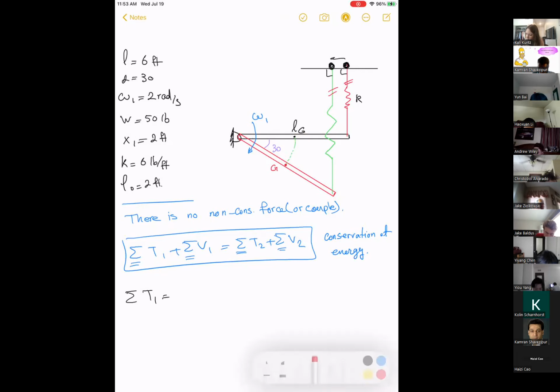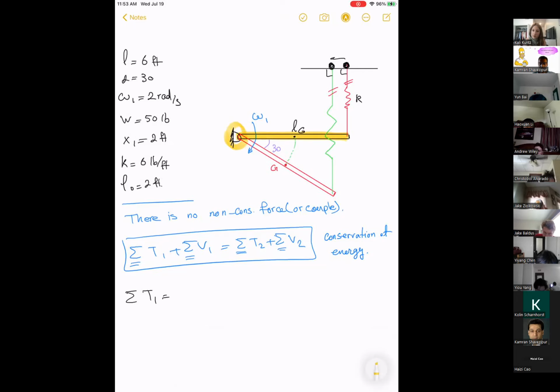This object here, what kind of motion does it have? Guys, you need to be quick here. If you know it, just say it, because it makes me worried when you pause. Rotates about a fixed point, right?